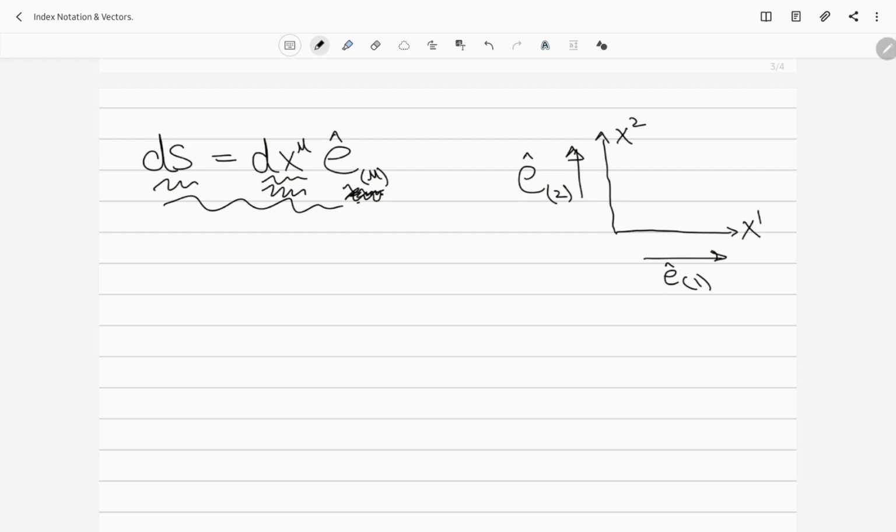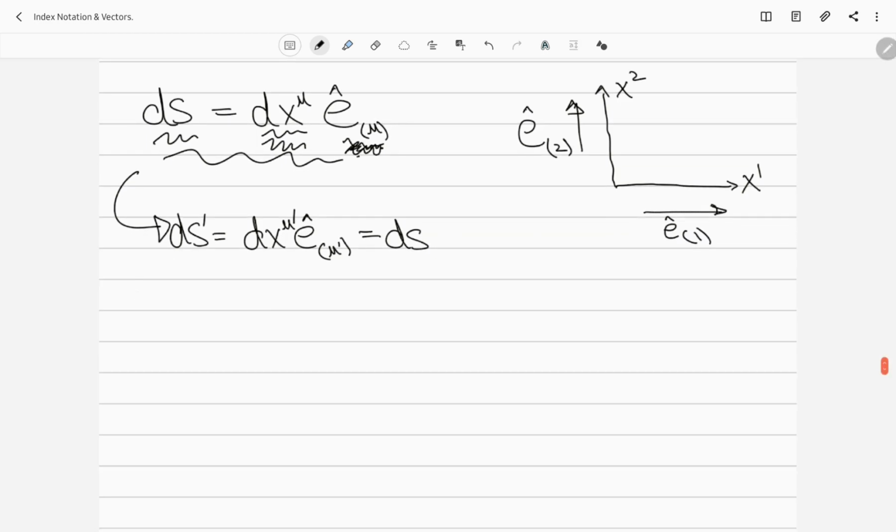So consider now all of this. It transforms as ds prime, which is equal to dx^μ' times e hat_μ', which is equal to ds. That's what we want. It has to be invariant. ds has to be invariant under a coordinate transformation.